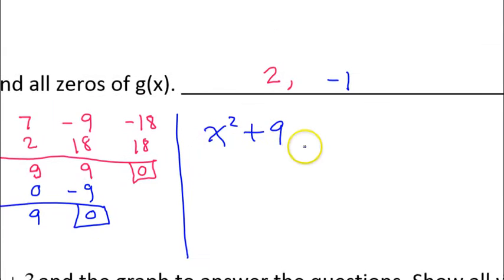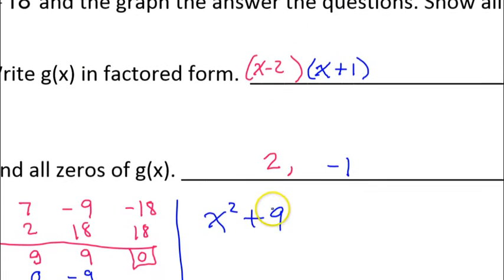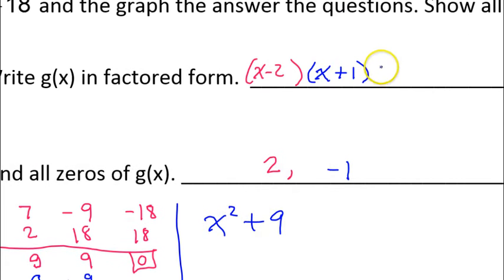But this does not factor, so I will just go ahead and write it down. So x squared plus 9. If this had been minus 9, I would go x plus 3 times x minus 3. But because it is addition, you cannot factor it any further than this. And again, now if I want to get the zeros, I will set this equal to 0 and solve.